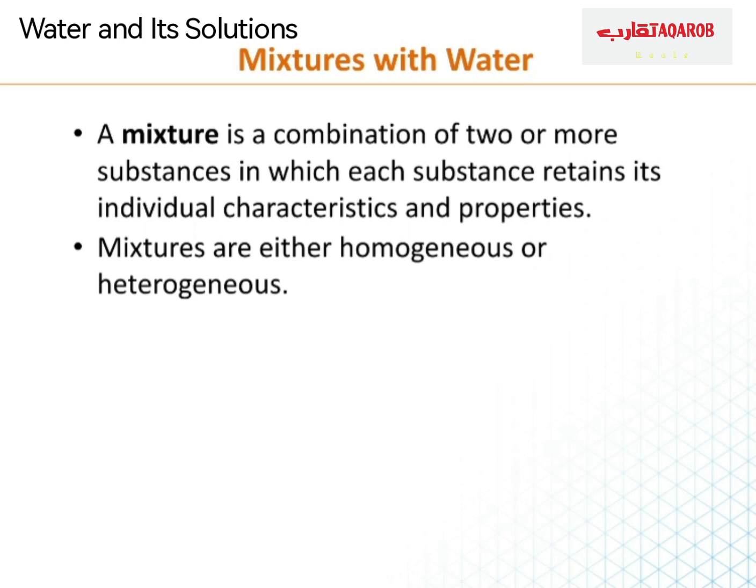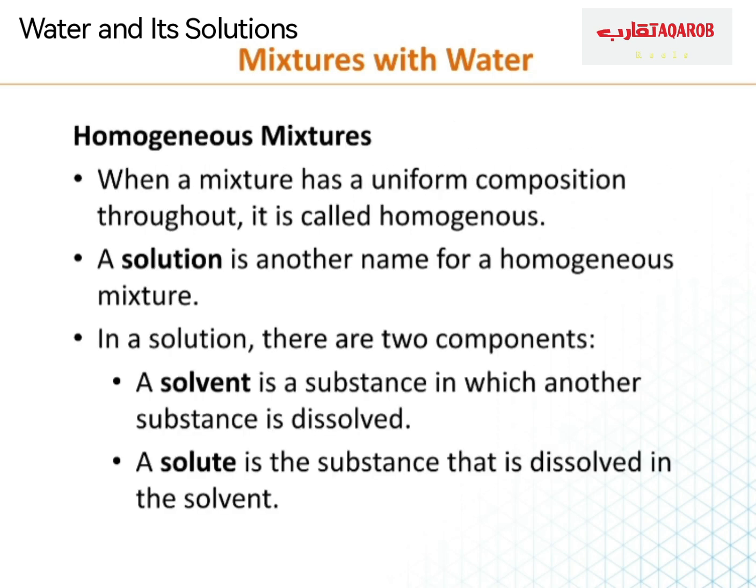From the name, what do you mean by homogeneous and heterogeneous? Homo means similar and hetero means different. When a mixture has a uniform composition throughout, we call it homogeneous. A solution is another name for a homogeneous mixture.